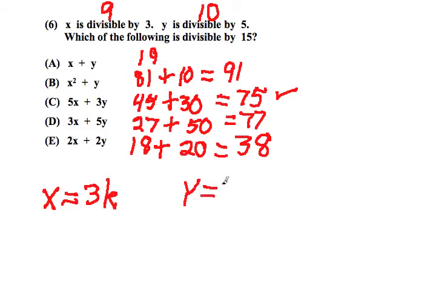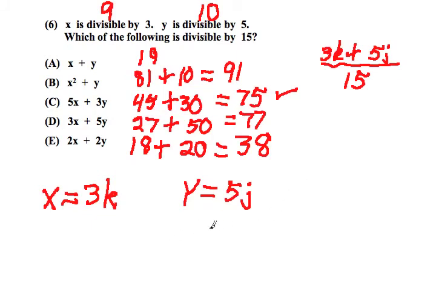So y has a factor of 5 in it. Okay. So, for example, the first one is 3 times some integer plus 5 times some integer. Is that going to be divisible by 15? No.